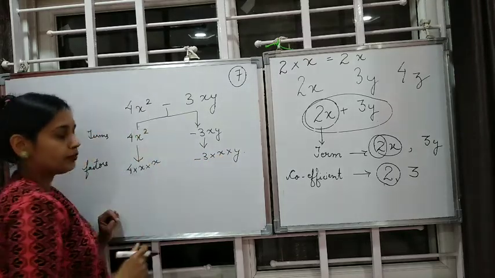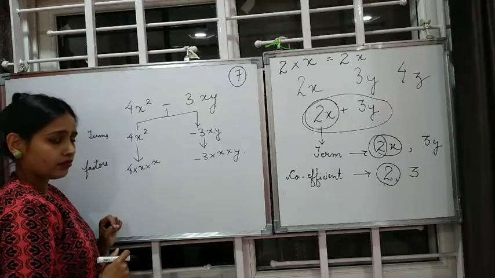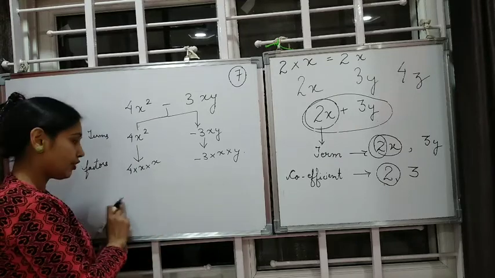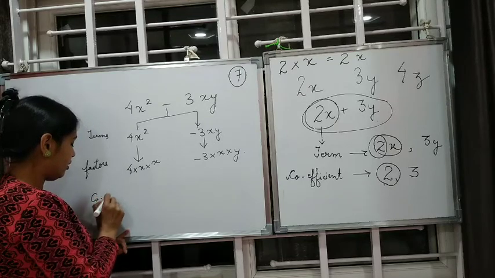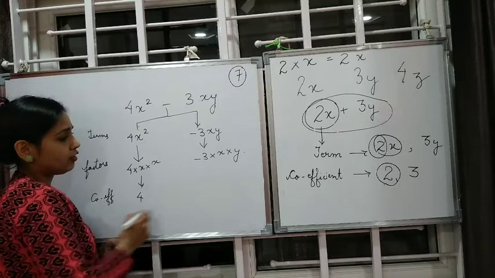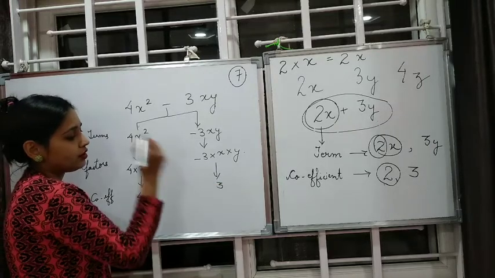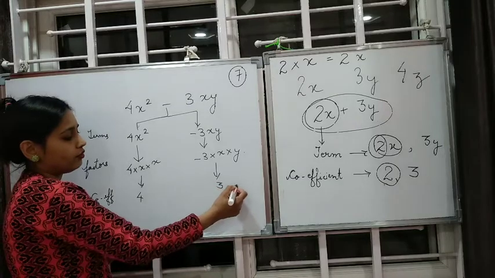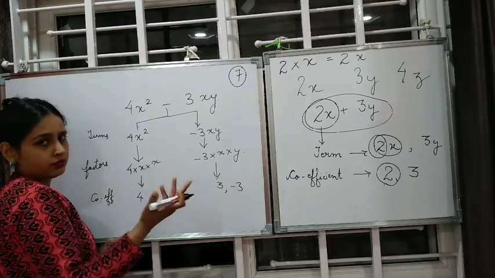So you can see the tree diagram. Further, if you want to involve the coefficients also, children, you can do that. Here the coefficient is the numerical value, and here the coefficient is also the numerical value. Got it? 3, or you can write minus 3, anything.